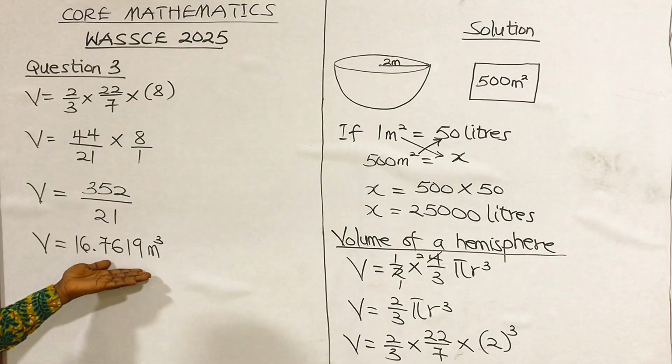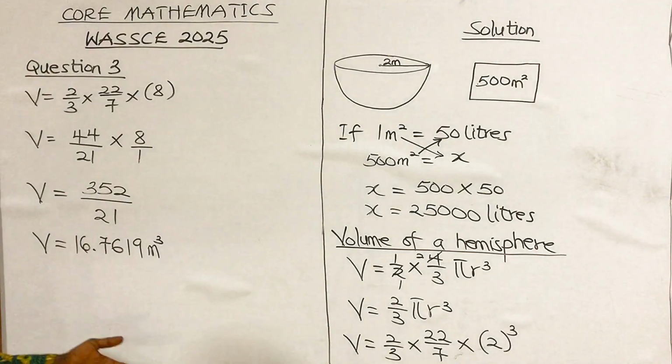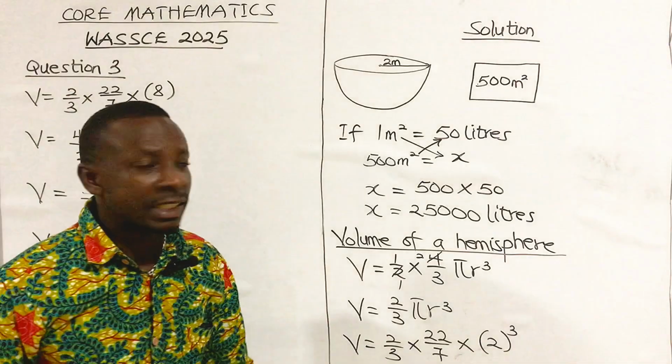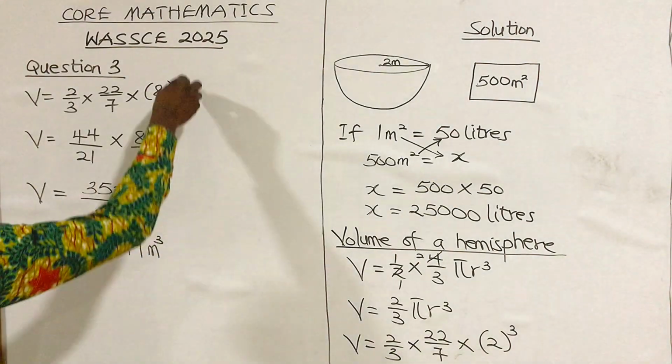But we need to convert this to liters so that we will see if the amount of water in the hemisphere would be sufficient to irrigate the farm. All right.